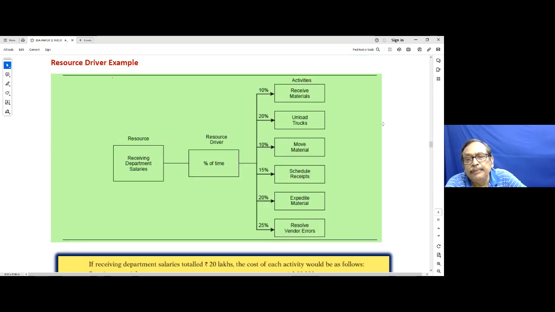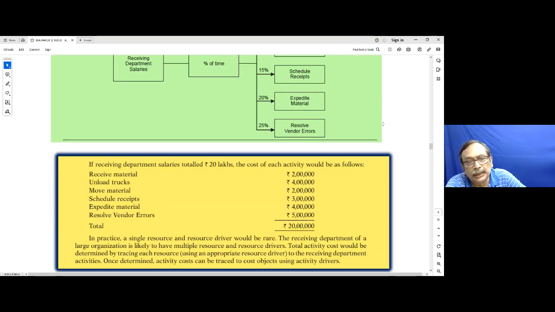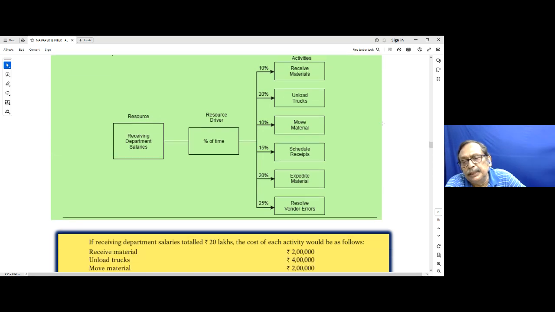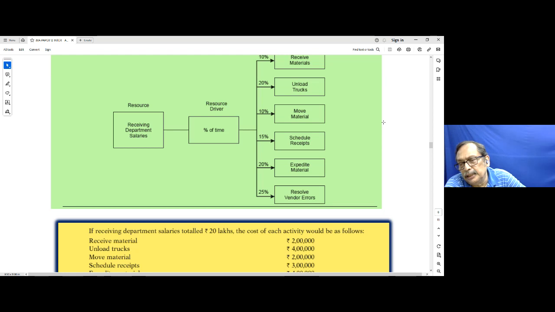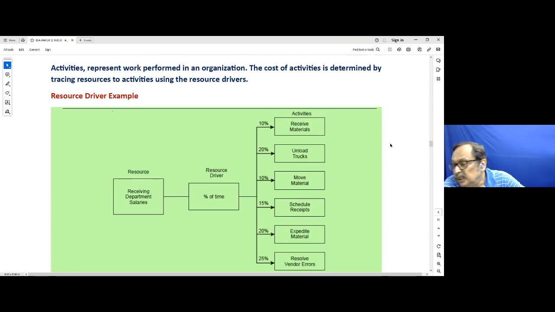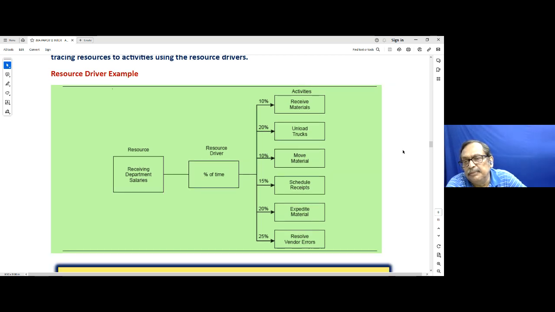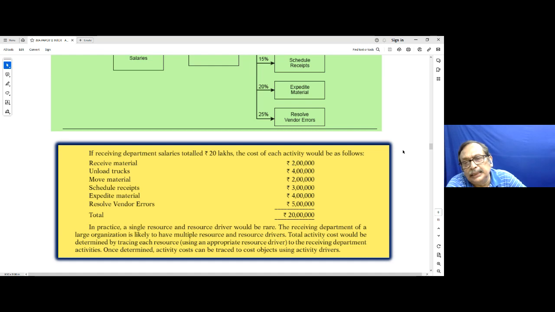Then 15% is the scheduled receipts, that is 3 lakhs. Then expedite material 20%, that is 4 lakhs. And resolve vendor errors, that is 25%, that is 5 lakhs. So the total 20 lakhs has been segregated into the various activities in the form of receive materials, unload trucks, move material, schedule receipts, expedite material, resolve vendor errors, and 20 lakhs is actually being shared.